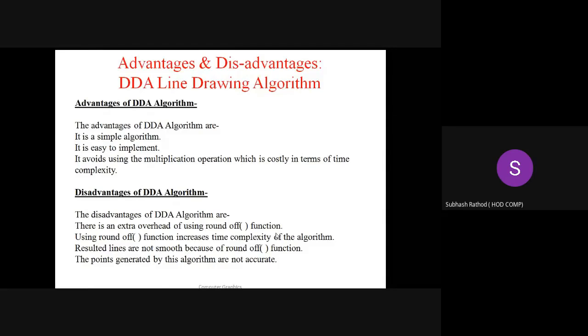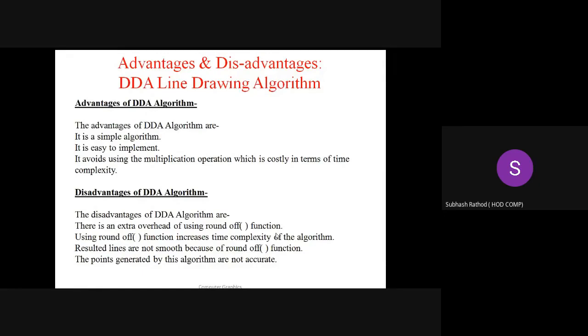The disadvantage of the DDA algorithm is that there is an extra overhead on the processor as there is a roundup function. It means more processing time will be required, which is an extra overhead on the processor, as in this algorithm the roundup of the value is required.